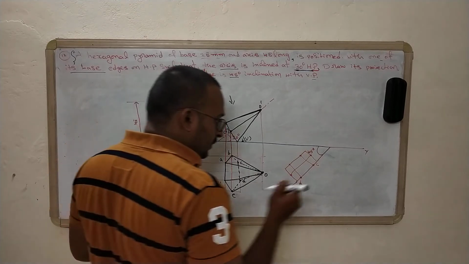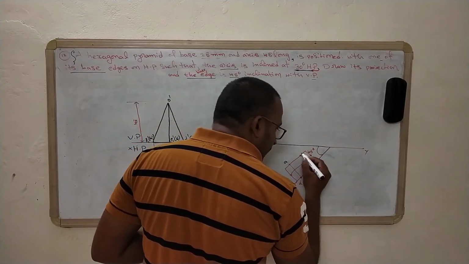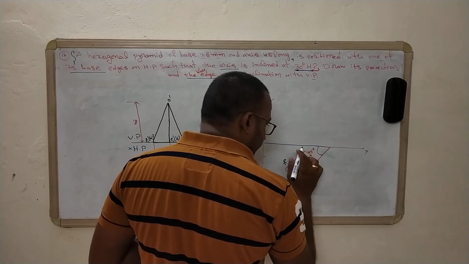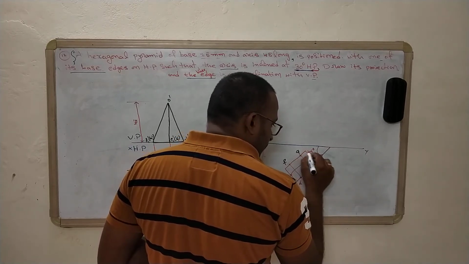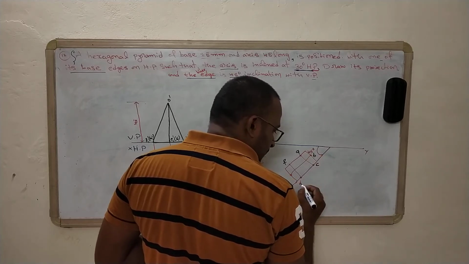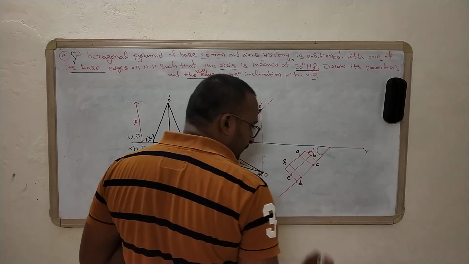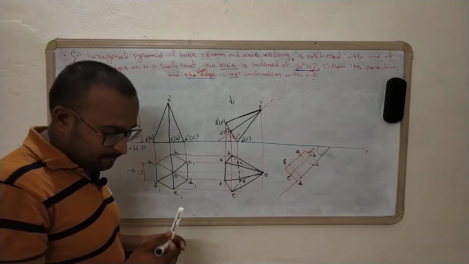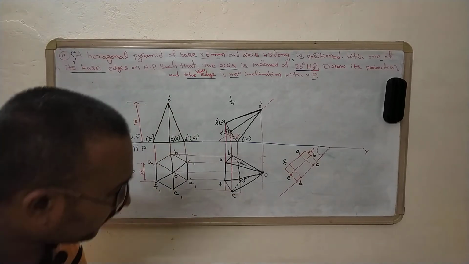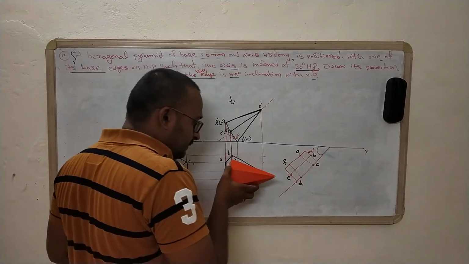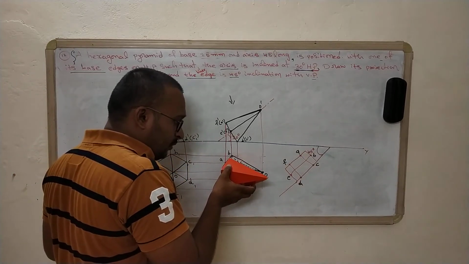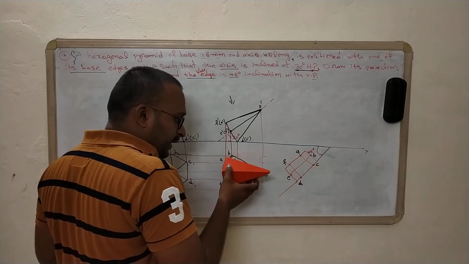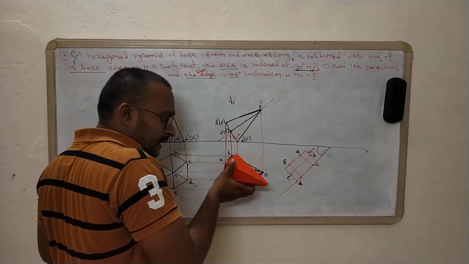So here A, B, F, A, B, C, D and E. Now whenever we are going to rotate at an angle of 45 degrees, see here, this is the actual position now, right? So now we are going to rotate it at an angle of 45 degrees.